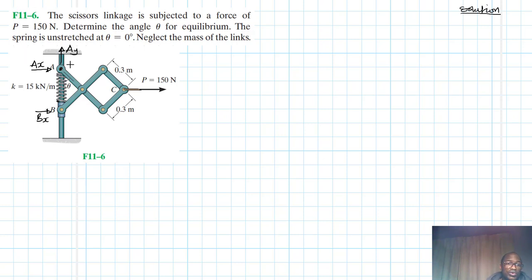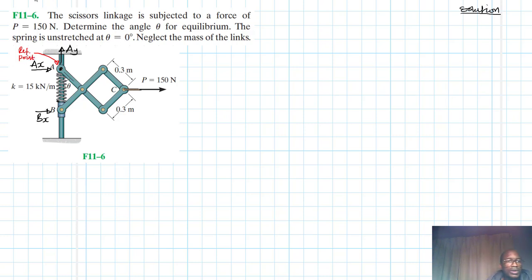So this is going to be our reference point, where we're going to refer all the directions, all the distances and so on. Let's call this our reference point.